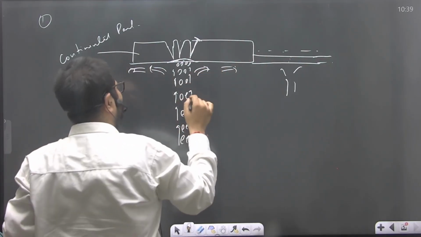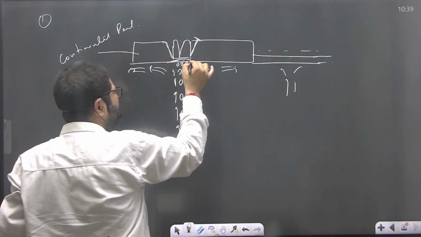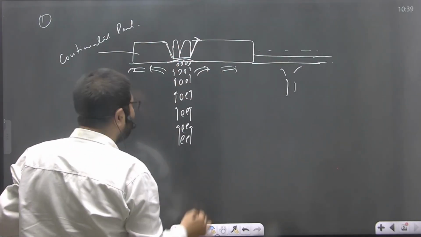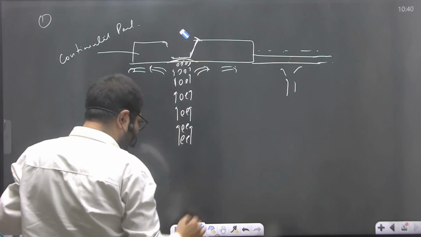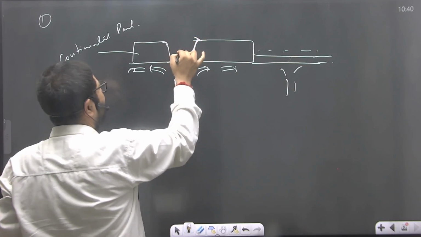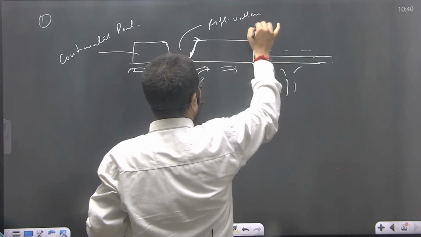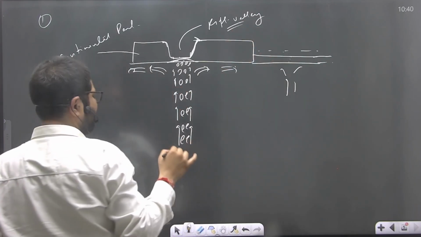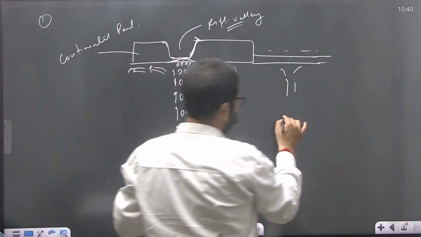As a result, what happens? These cracked portions collapse, and as a result, a rift valley gets formed on the land area. This is the first stage of plate divergence, and this is known as intracontinental rifting.